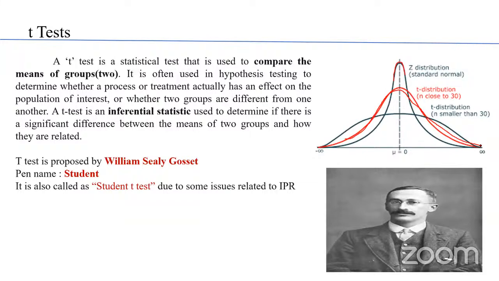That's why whenever your sample is 30, some people use the T distribution only. If it is beyond 30, they go for the normal distribution or Z table. If the sample is 10, 20, 25, 26, 28, up to 30, people use the T distribution.